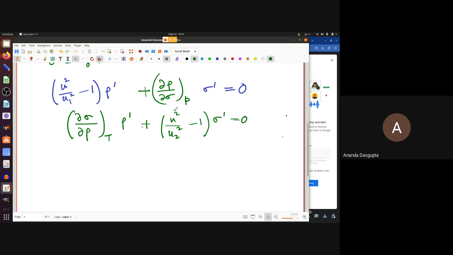These are two equations for rho prime and sigma prime, the amplitudes of the density wave and the entropy wave. Okay. So my question to you is, from these two equations, what can you say about rho prime and sigma prime?